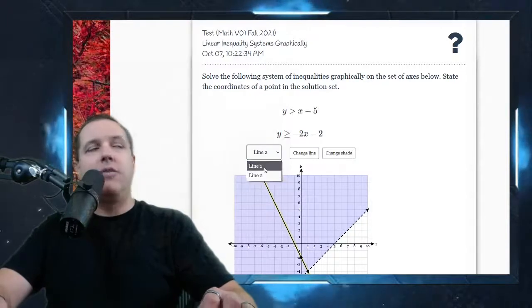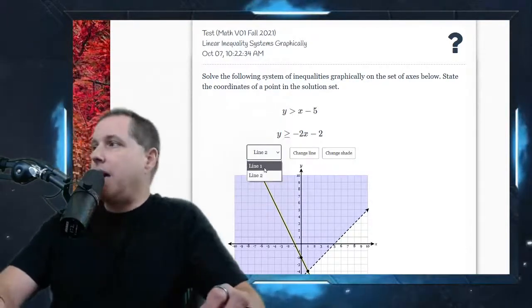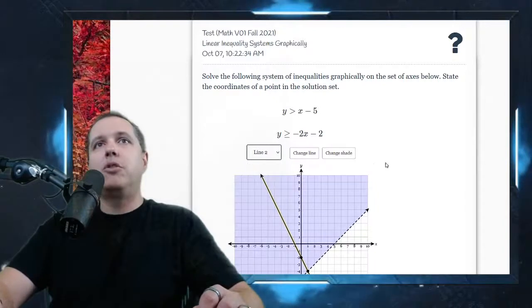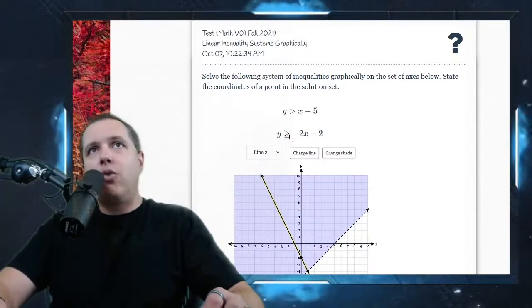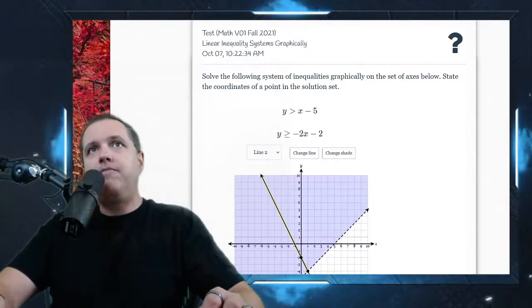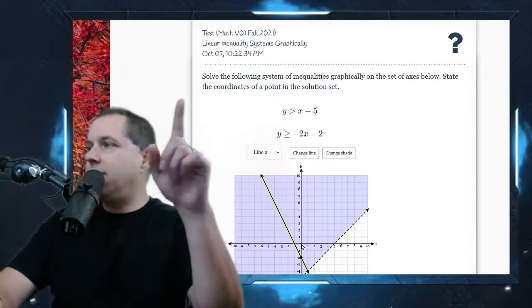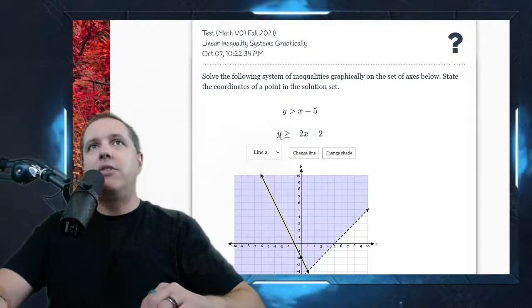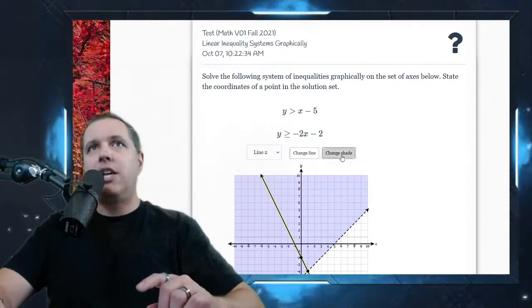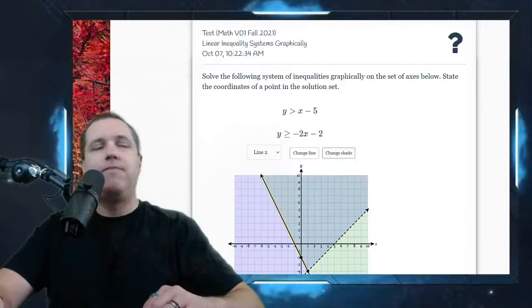So if you need to go back and fix line number 1, you can go back in there and do it. But we want to work on line number 2. The line is right because it's an or equal to, so solid line. But now I have to figure out which side I'm going to shade on. So let's plug in 0, 0. So I'd have 0 is greater than or equal to -2. Yeah. So we want to shade the side that has 0, 0 on it.